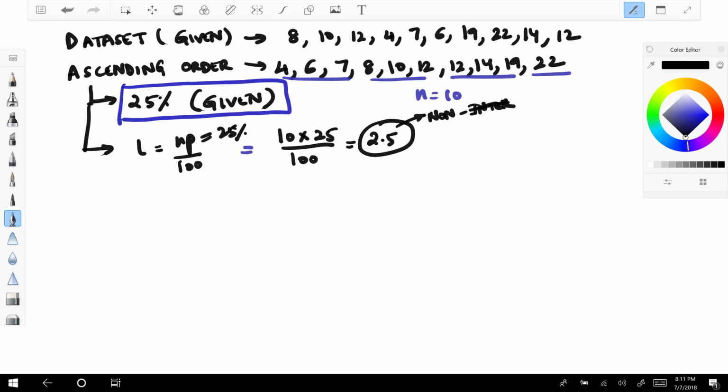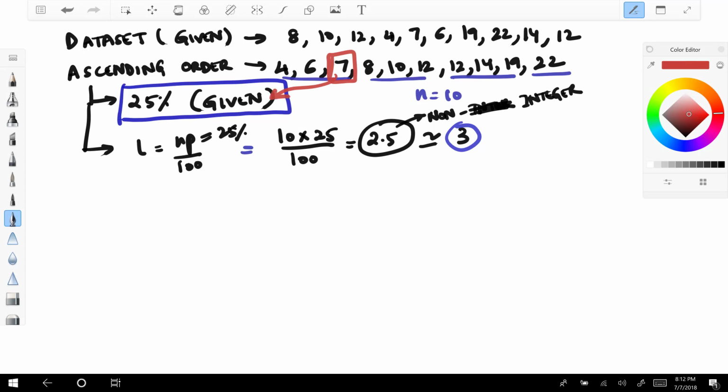So we round it off to the greatest value, which is 3. Now we go to our data set and look for the third data point. So our third data point would be 7. So that's our 25th percentile.